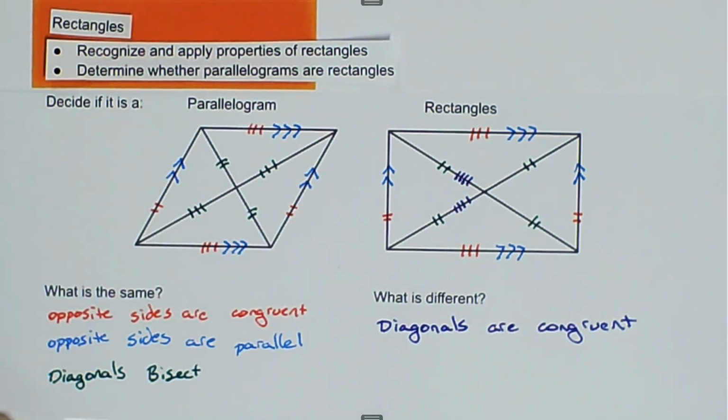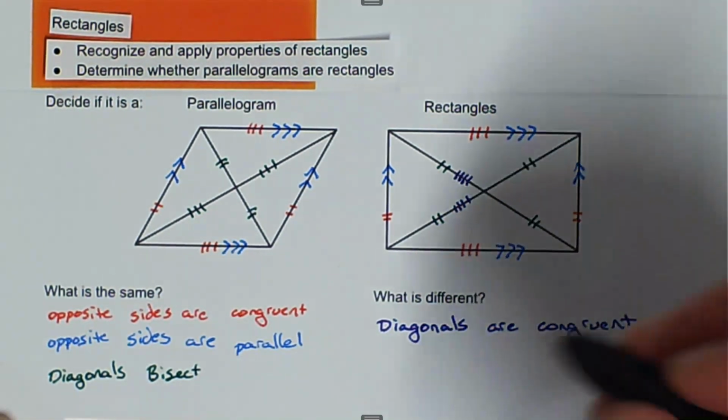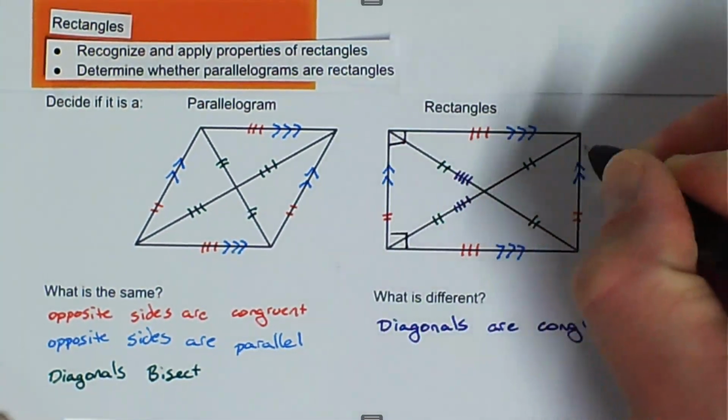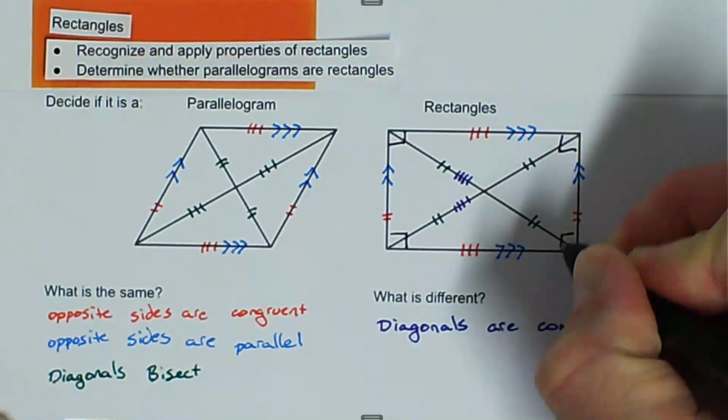We have one more that's only true for rectangles, and that is all 4 angles are 90-degree angles.